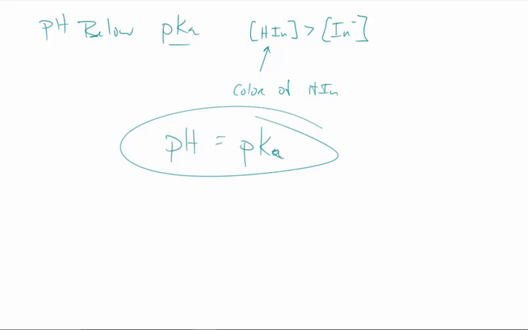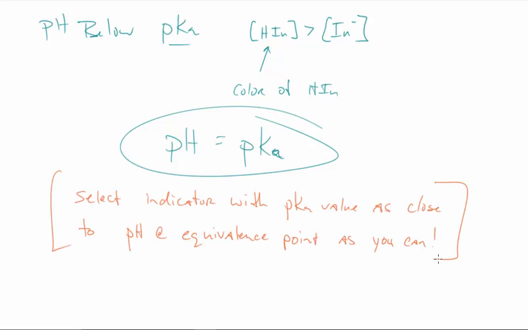And so how do we select indicators? We select an indicator with the pKa value as close to the pH at equivalence point as you can. I went ahead and wrote that down for you guys. Because if this is true, this is where my color change occurs, right?